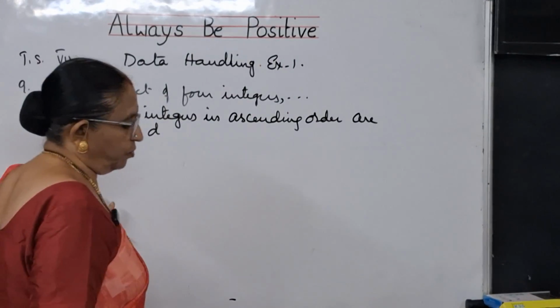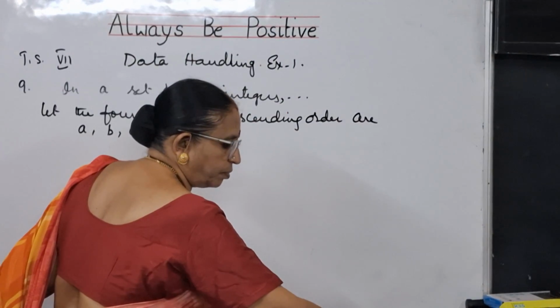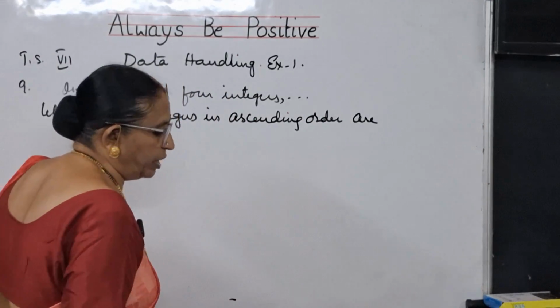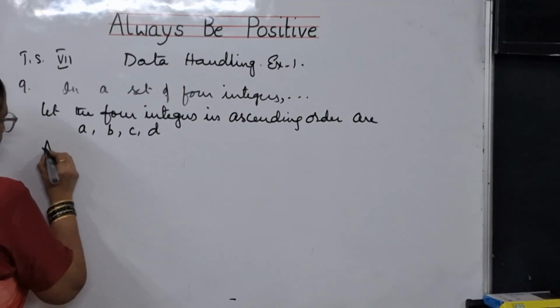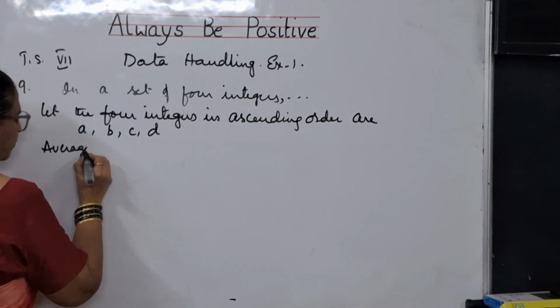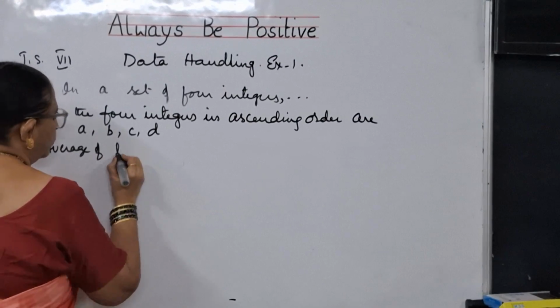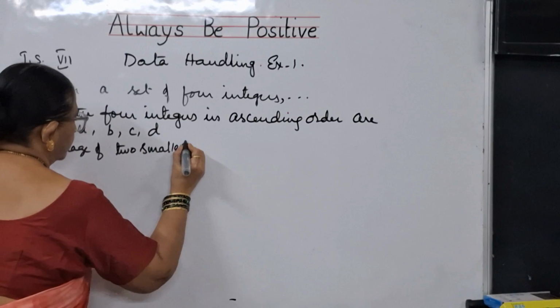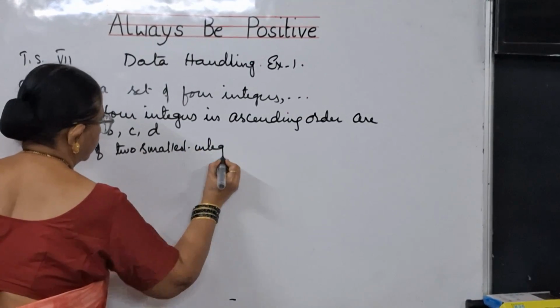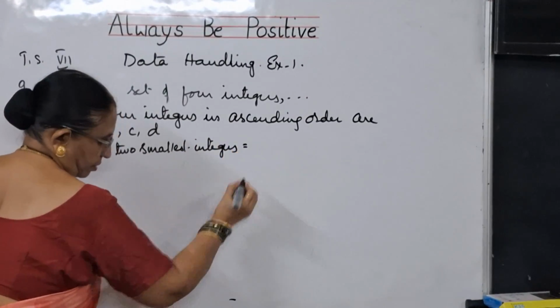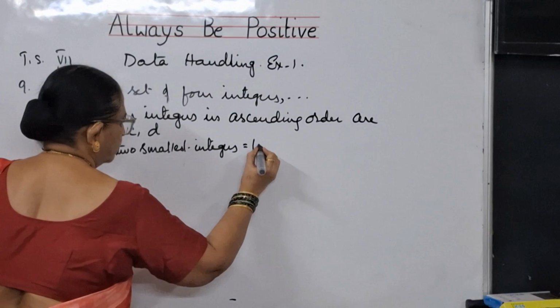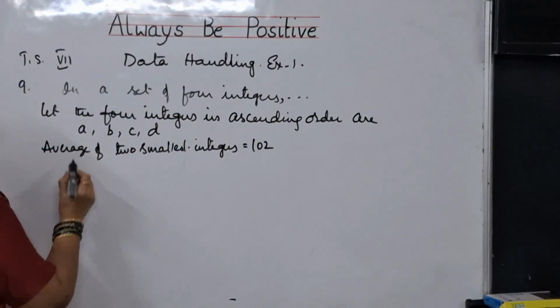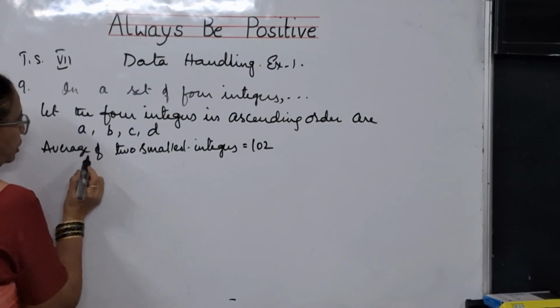Now the question is, what did they give? Average of 2 smallest integers is 102. That means, see, 1, 2, 3, 4 integers.